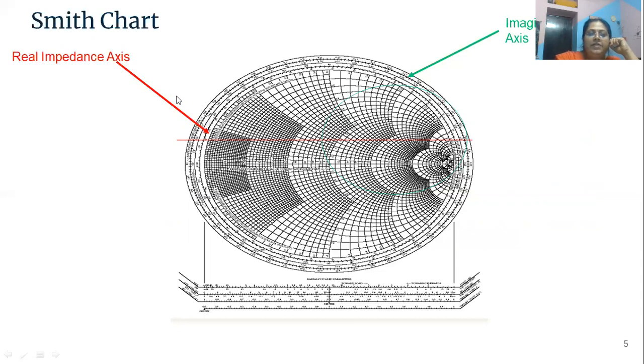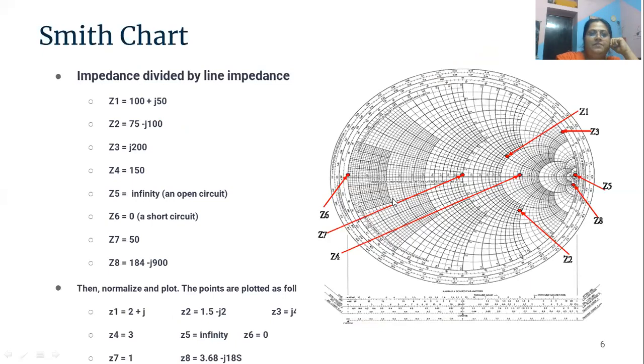So this is the graphical representation of the Smith chart. This is the real impedance axis, and these circles show the values of the imaginary impedance axis. And these lengths are considered in terms of wavelength. Now the impedance is divided by the line impedance. For example, if we have Z1 equal to 100 plus j50, and we take the characteristic impedance as 50, we have normalized it to 2 plus j.